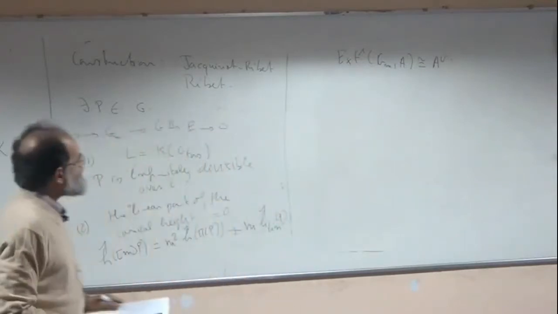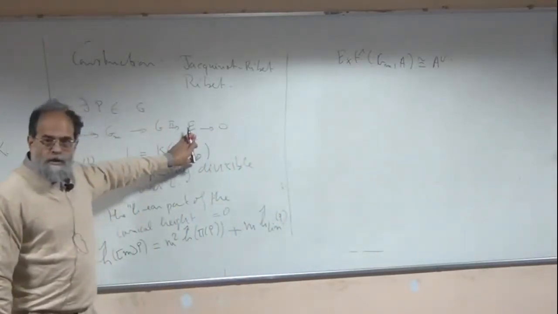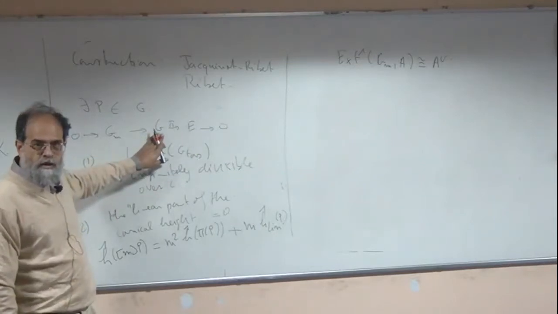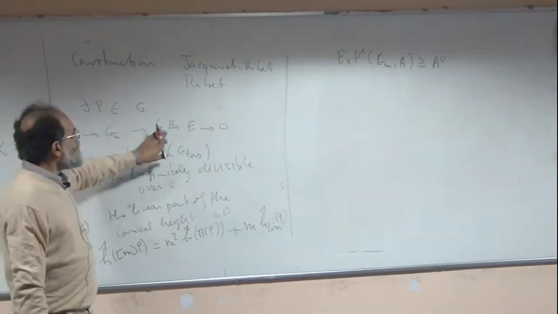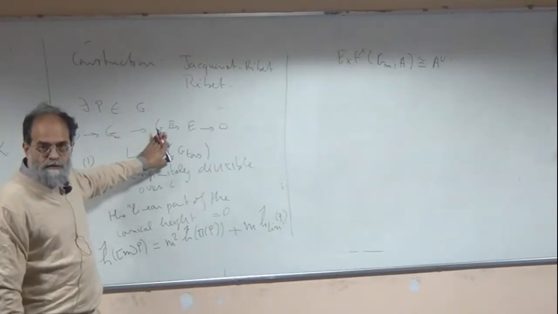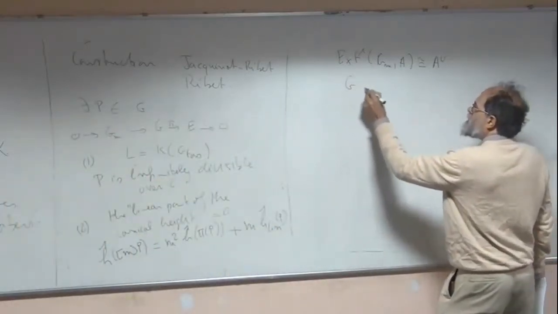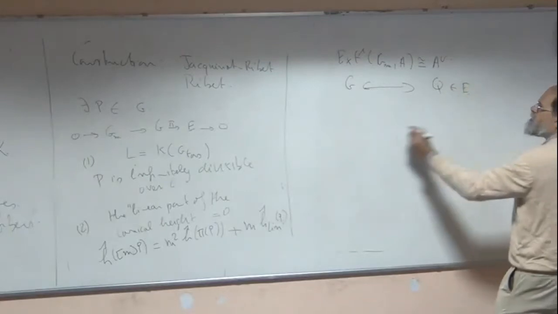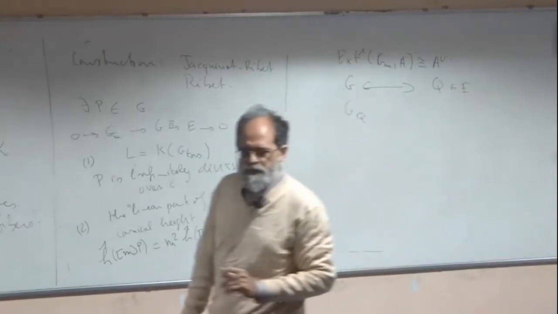So in the elliptic case, you can identify the dual to A, and you can attach to such an extension of E by G_m a point Q in the elliptic curve. So you can attach G to Q. This is the identification, and you can call your extension G_Q.